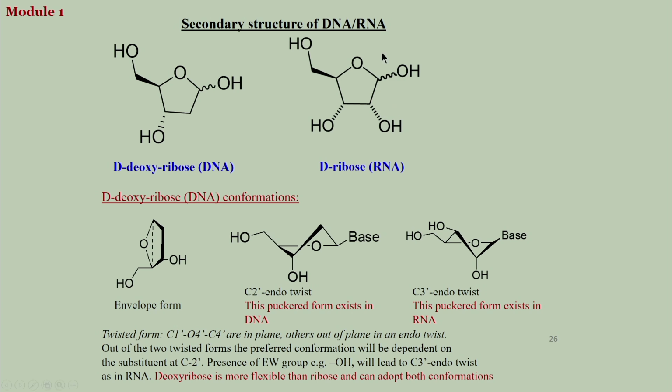So, if you do the numbering, it is like this: 1 prime, 2 prime, 3 prime, 4 prime, 5 prime.